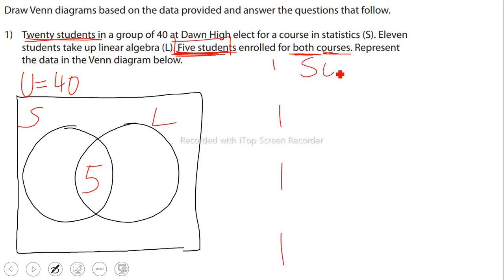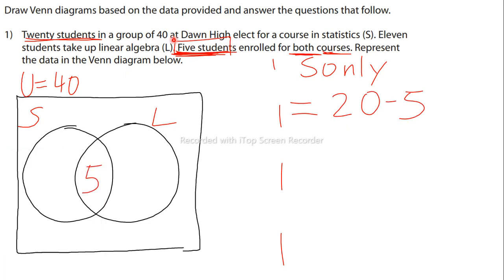Let's try to figure out S only. So S only is going to be what? 15. How did you get 15? 20 minus 5. The reason why it's 20 minus 5 is because they told us that 20 students take up statistics.